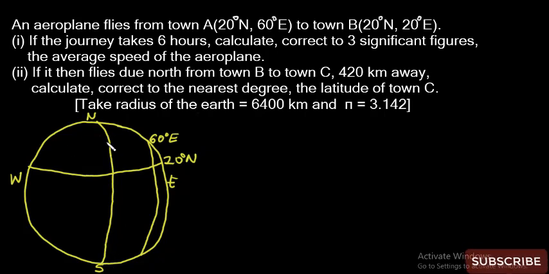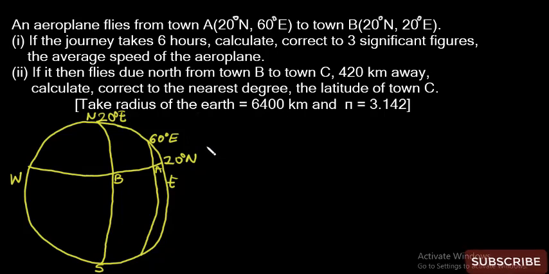So this is 20 degrees east. The latitude is still 20 degrees north. So this is town B, and this is town A. Okay, good. So let's work on the first question.